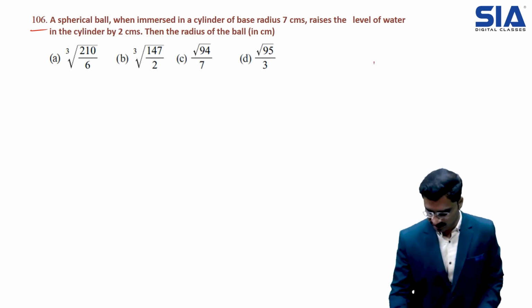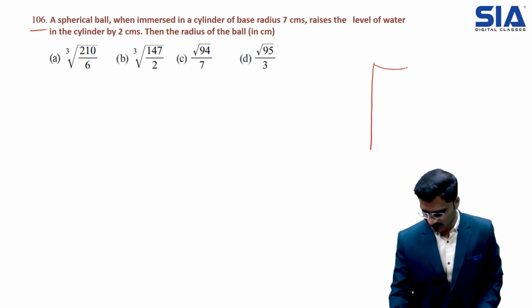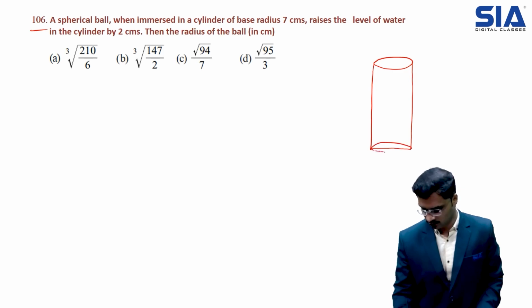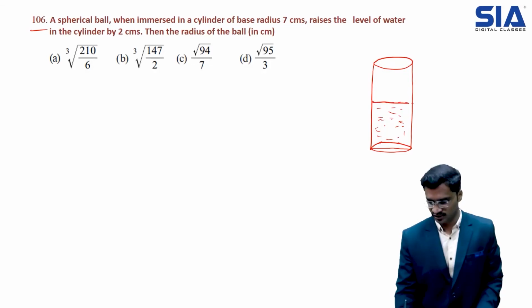So what he is saying is, there is a cylinder like this. Now the water level of that cylinder is somewhere around here. So this is the first water level.